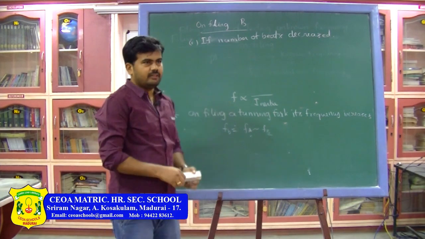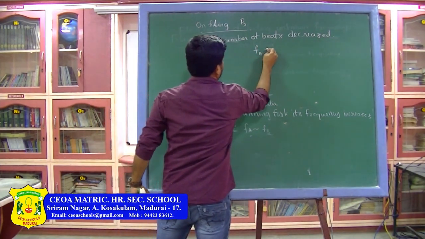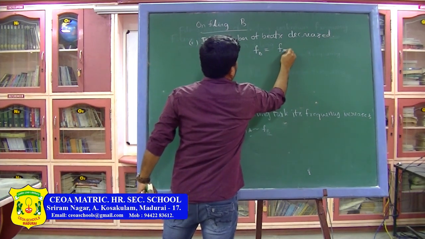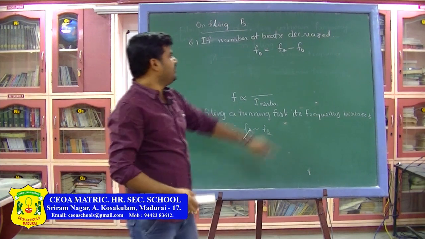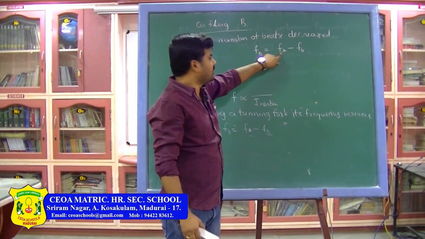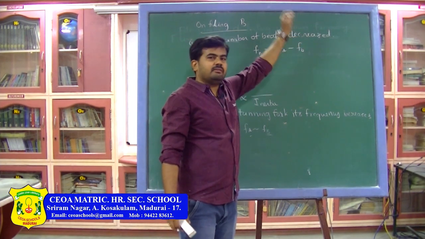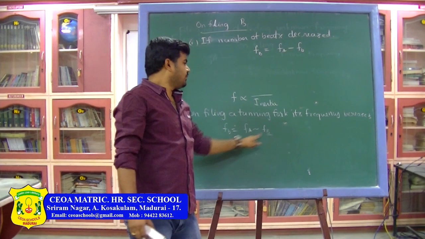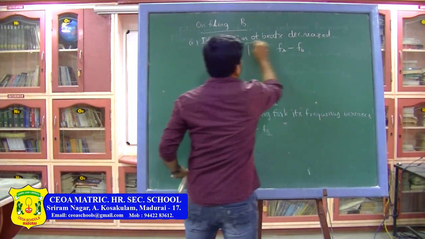If this is the case, the unknown tuning fork frequency f_B is given by f_A minus the initial beat frequency. That is, the given tuning fork frequency minus the number of beats per second formed initially by the two tuning forks when they are sounded together. That is the first case.